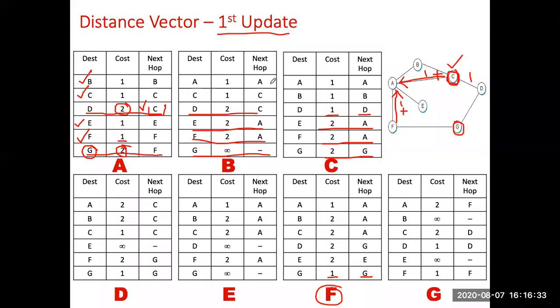So this is how all the routing tables of the nodes A, B, C, D, F, and G will be updated. You can see that the nodes which were infinity in the initial step have now updated their information.